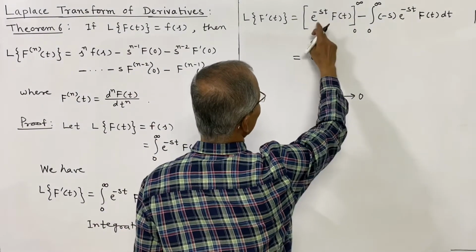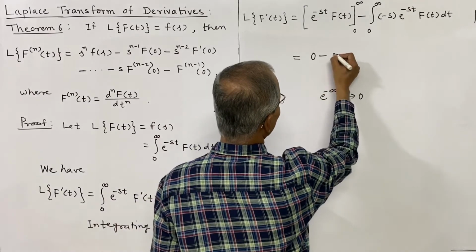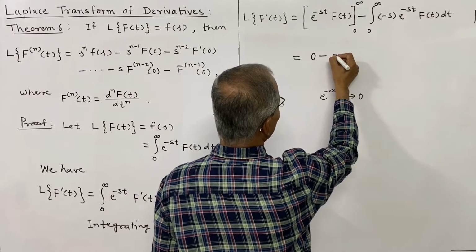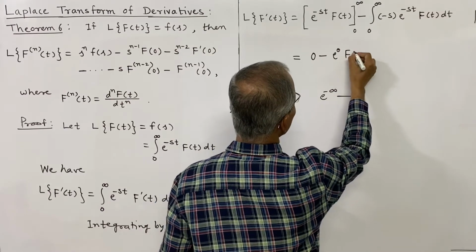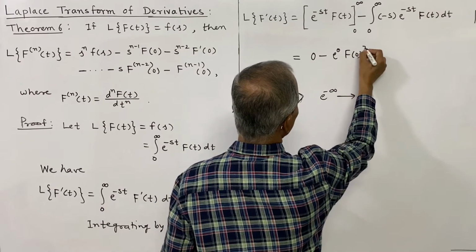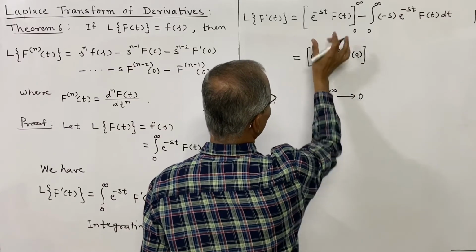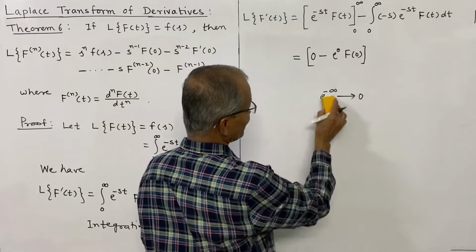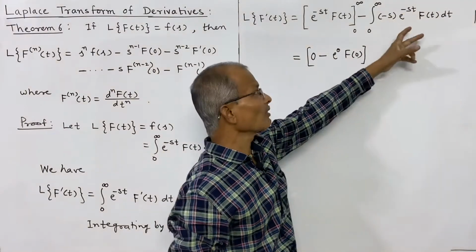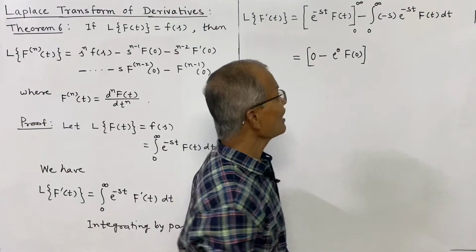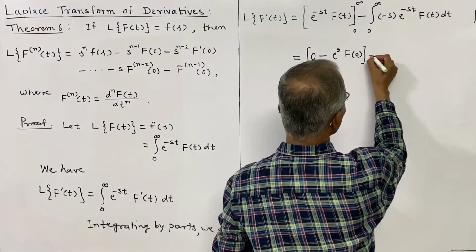These are the limits of t, e power 0, and e power 0 is 1. So that is e power 0 and f of 0, f at 0. So this much is the evaluation of the first term. Now next, here you see the integration is with respect to t, and therefore s can be written outside the integral, and this negative of negative becomes positive.